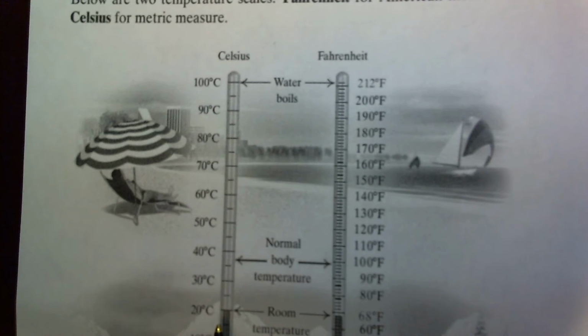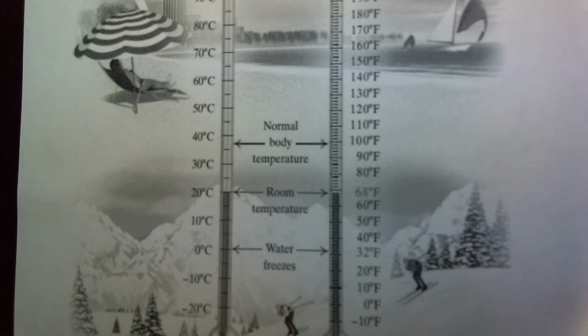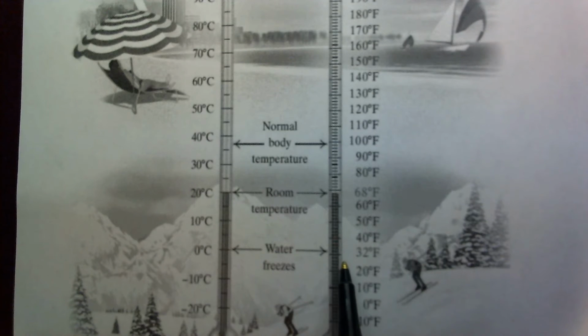And then room temperature, 20 degrees Celsius, and that's about 68 degrees Fahrenheit. And another important marker is 0 degrees Celsius. That's when water freezes, and that, of course, is equal to 32 degrees Fahrenheit. So here are the temperature scales, and that's what they look like.